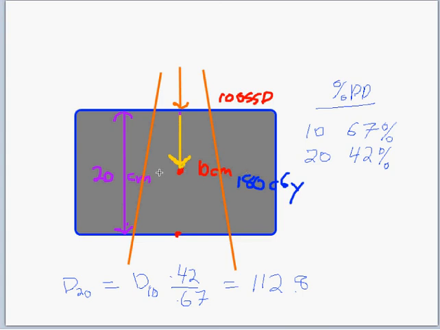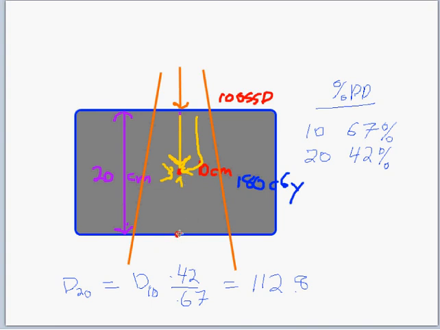However, there's a small amount that comes from scatter from points around there. So in other words, some photons might come here, and then some of the electrons or photons scatter into that point. And that comes from the front, from the side, and from the back.